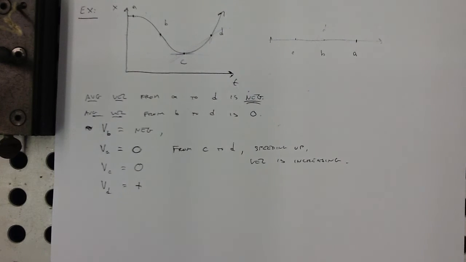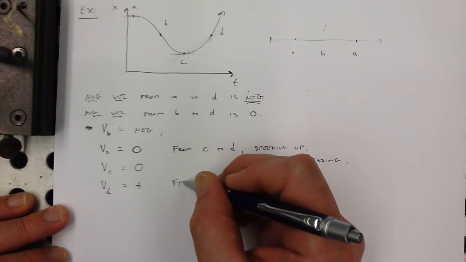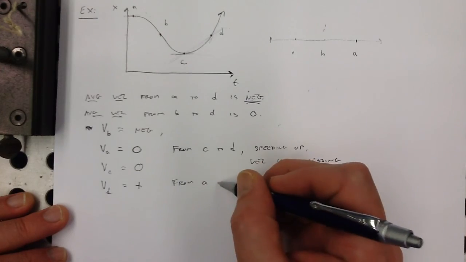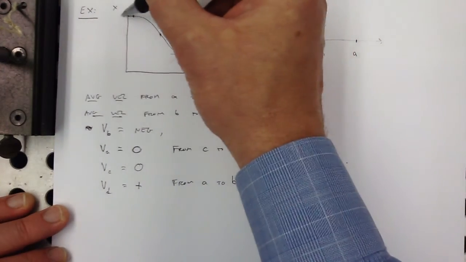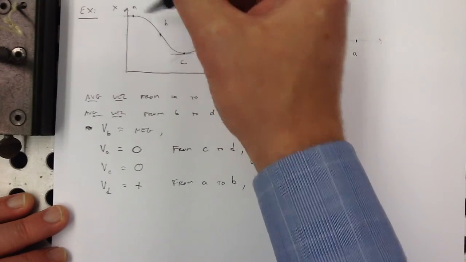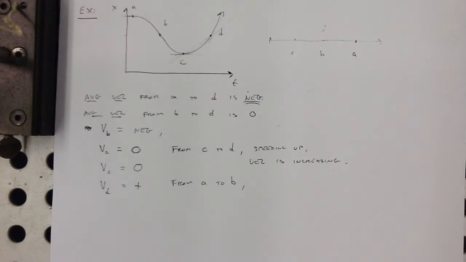And then last thing, and this one I think deserves some careful thought on your part. So from A to B, we're going from a velocity of 0 to having some kind of negative velocity here. Is that speeding up or slowing down?